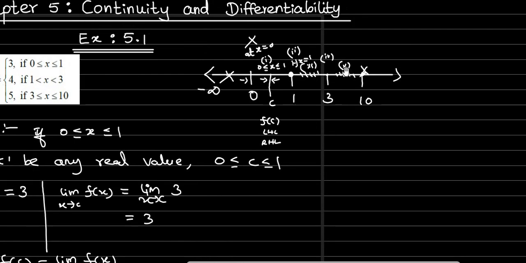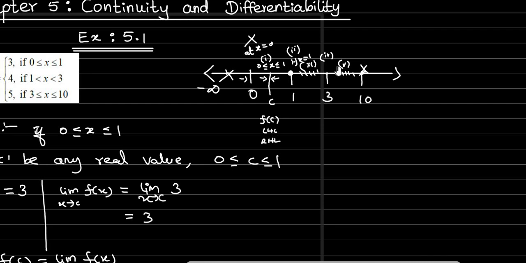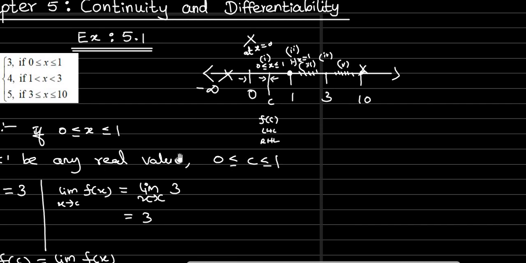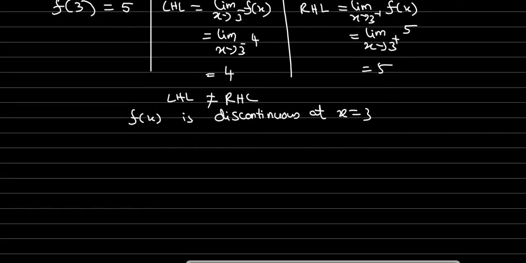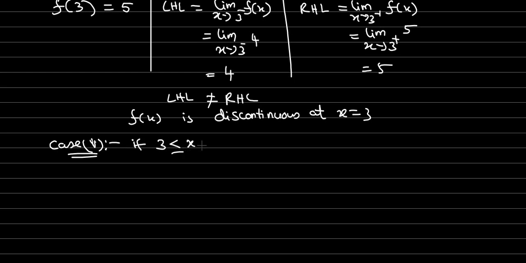Now in case 5, where do we need to check? If x value lies between 3 to 10, in this range, 3 to 10, we have infinite real values. So case 5, if x lies between 3 to 10. 3 to 10 equal to null, we already found.